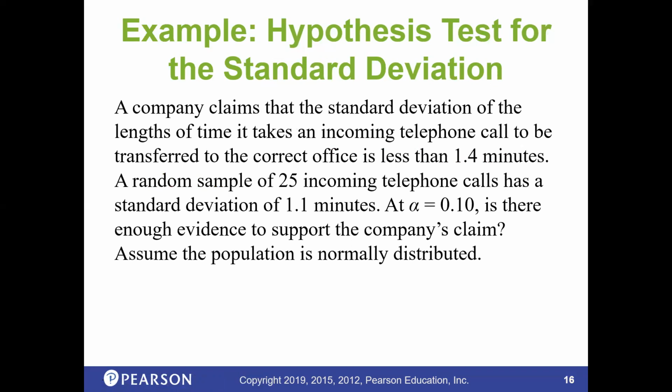So a random sample of 25 incoming calls has a standard deviation of 1.1 minutes. At alpha 0.10, is there enough evidence to support the company's claim? Okay, let's go with it. Two more to go.